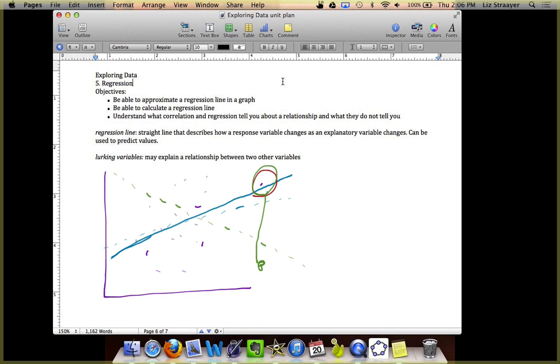So one point can have a significant effect on what happens to your regression line. Outliers are a really bad thing for regressions, just like they were for means and standard deviations, because regression lines are based off of means and standard deviations. So they are not at all resistant to an outlier.